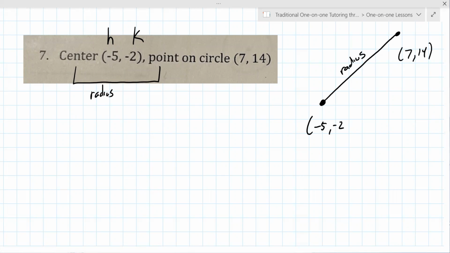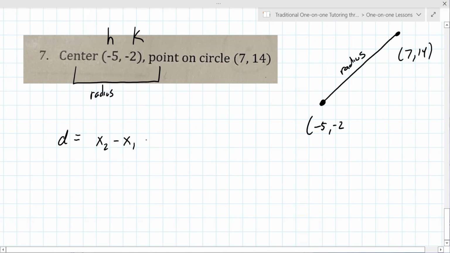Now to find the distance, you're going to use the distance formula: x2 minus x1 squared plus y2 minus y1 squared, square rooted.